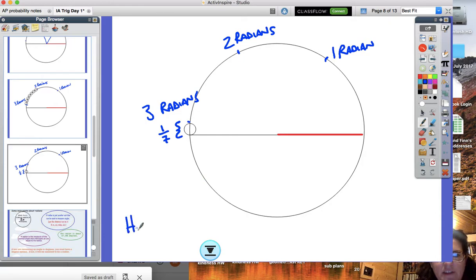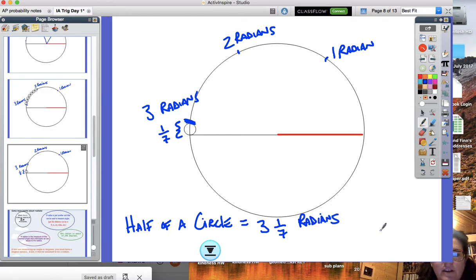So half of a circle is 3 radians. 3 radians got us to here. 3 and 1/7 radians.